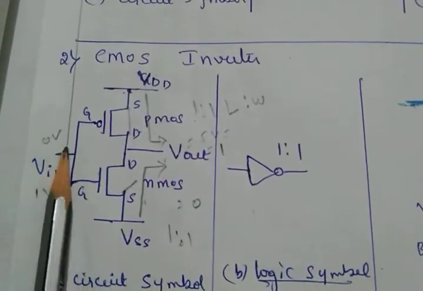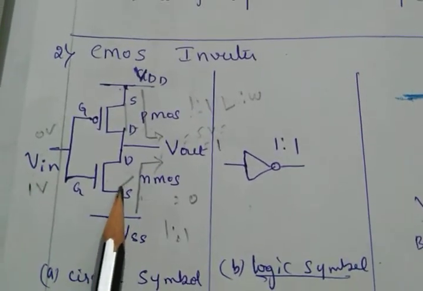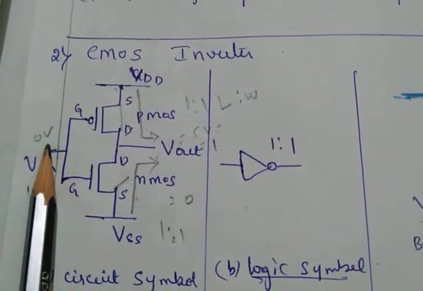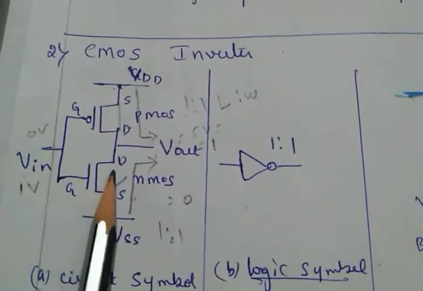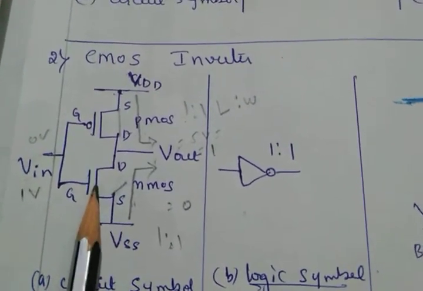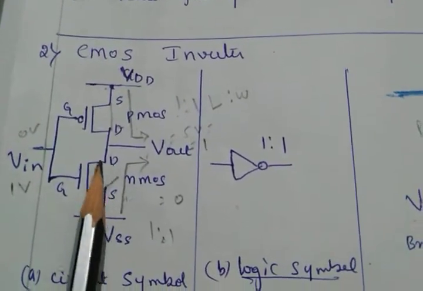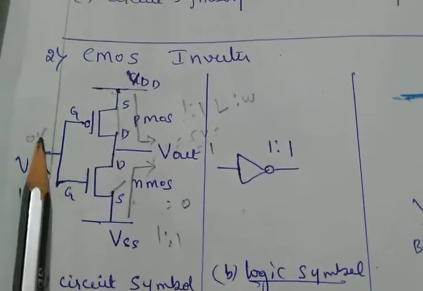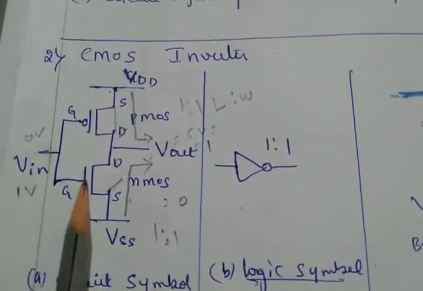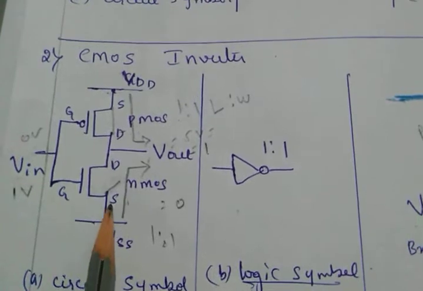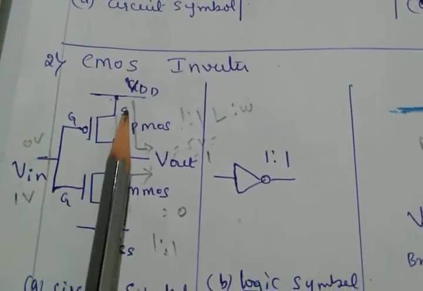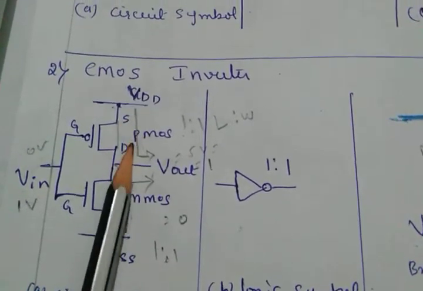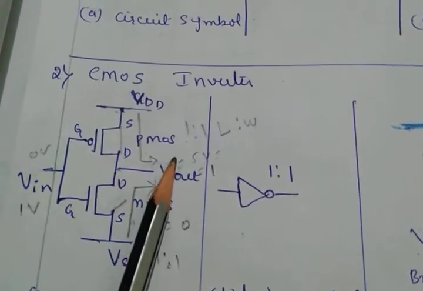If I give 0 volts, the nMOS is open, because nMOS is strong in ones and weak in zeros, but the PMOS is strong in zeros and weak in ones. That's why if I give 0 volts, the nMOS will be open and the PMOS acts as a closed switch, VDD 5 volts is connected, and the output I am getting here is 5 volts.